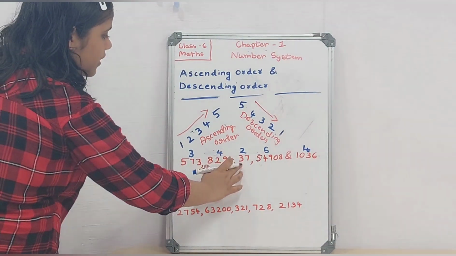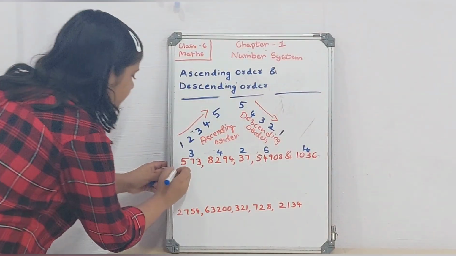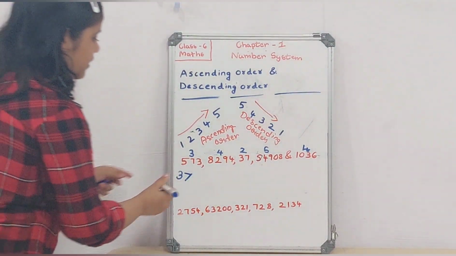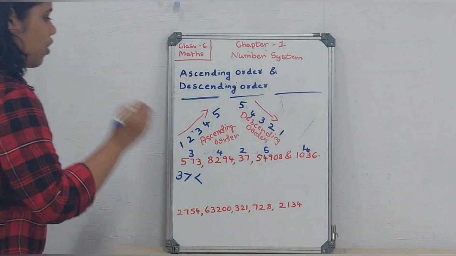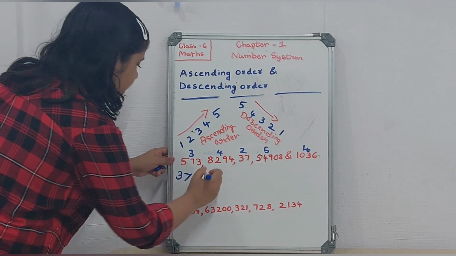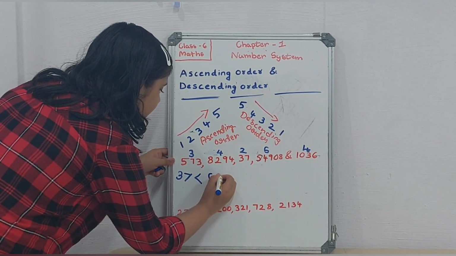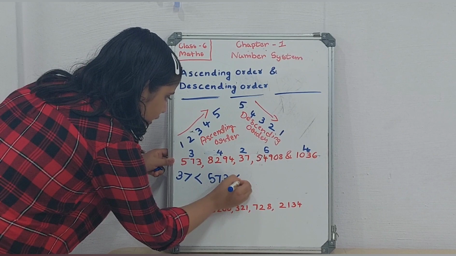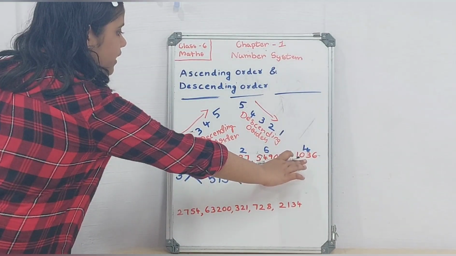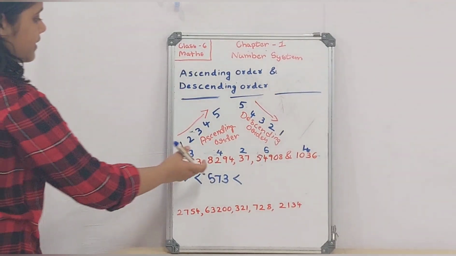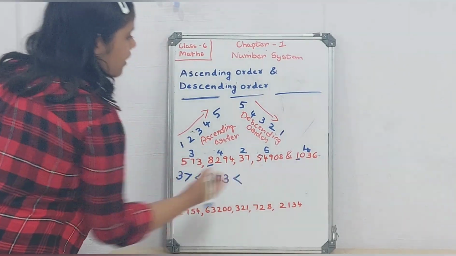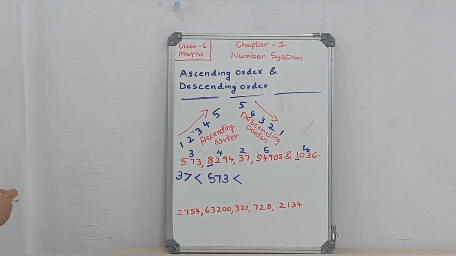Okay. Now the smaller number of digits, where is it? Here. This is 2 digits and that is 37. So first you are going to write down 37. Okay. Then we are going to give a smaller sign. 37 is smaller than which one? Here we have 3-digit number. So we are going to write down 573. 573 is smaller than which one? Here we have 4-digit. Here also we have 4-digit. So let us see the first leftmost number. 8 is bigger.